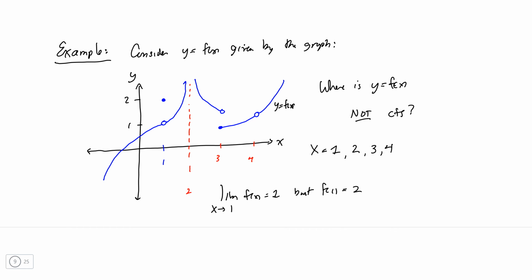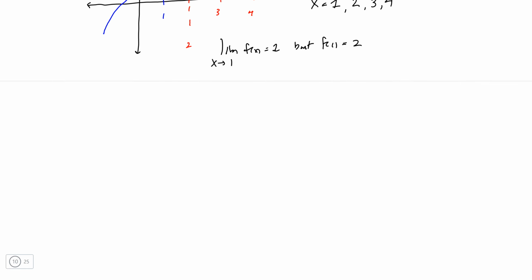Okay, so let's end this with a couple more examples of types that we're going to be seeing as we continue into the next section. So let's just evaluate a couple more limits here. And these are going to be important limits going forward.